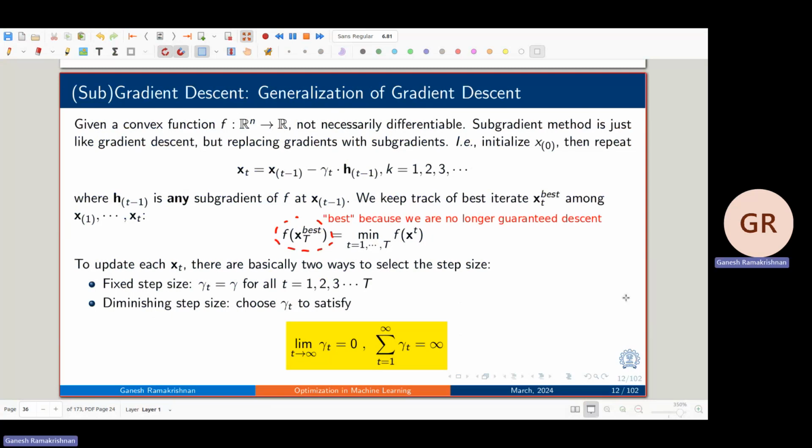So let's begin with subgradient. A key concern here is there are lots of subgradients, because the function is not differentiable. You've done that in your mid-sem. Which one will you pick? So here there's a challenge.